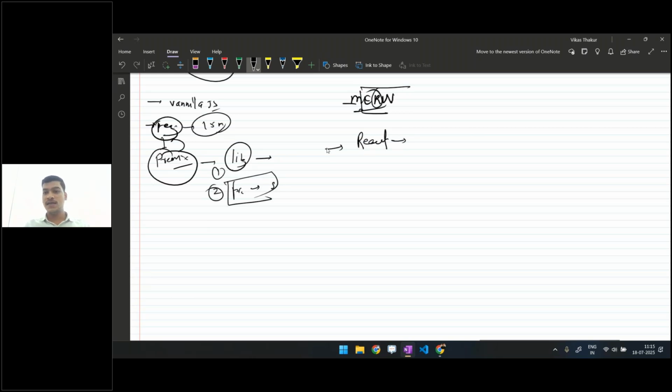So React came into picture in 2011, introduced by Meta, right? So initially when React came into picture, it was a library. What is a library? Yes, it is a combination of features.